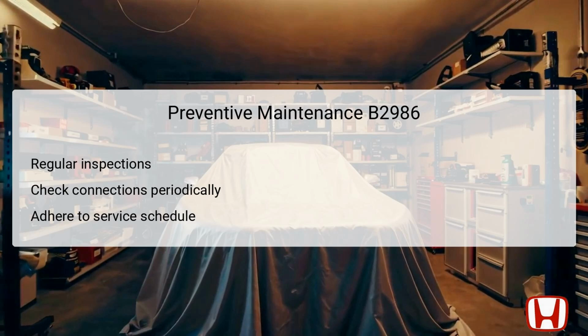It is also good practice to adhere to a regular service schedule as outlined by the Honda manufacturer's guidelines. This proactive approach not only extends the life of individual components, but also contributes to a seamless driving experience. By staying vigilant, you can catch potential failures before they manifest into more significant problems.